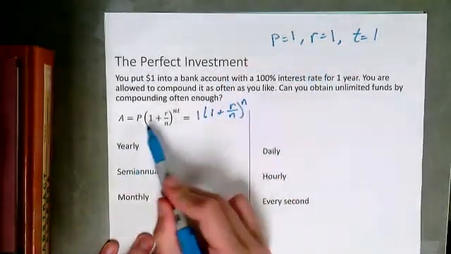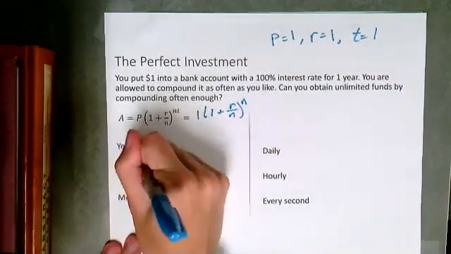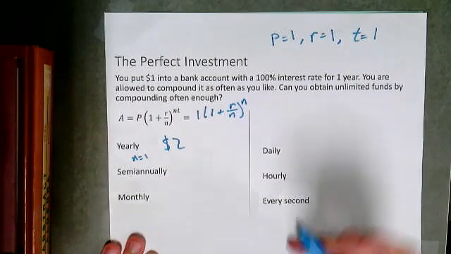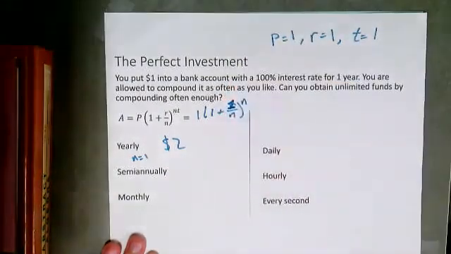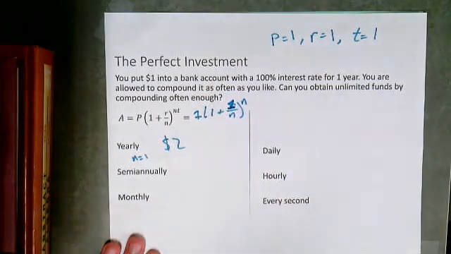Just plug in the values here for this guy. So at yearly, that's N is equal to 1. We're going to get $2, right? That shouldn't be an R, that should be a 1. Yeah, it's 1 plus 1 over N. Technically, I don't even have to have the 1 out front here, but I have it anyway.